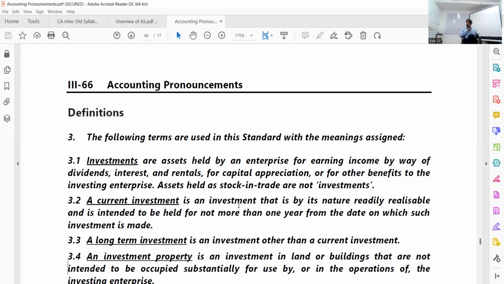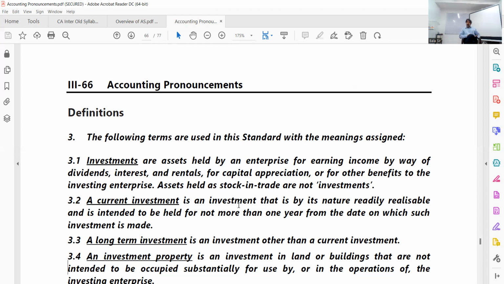You are the investor. And what is that other company called? Investee entity. You are holding shares in Reliance Industries Limited. Who are you? Investor. And what is RIL? It is the investee entity, the investee in which you are holding investments.